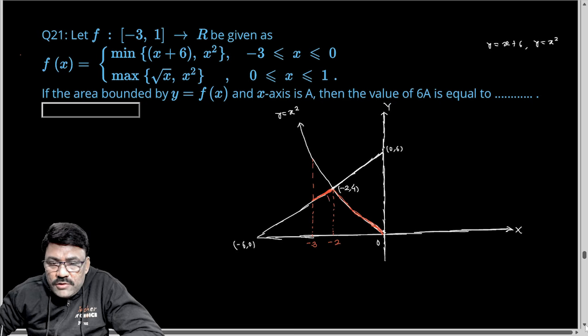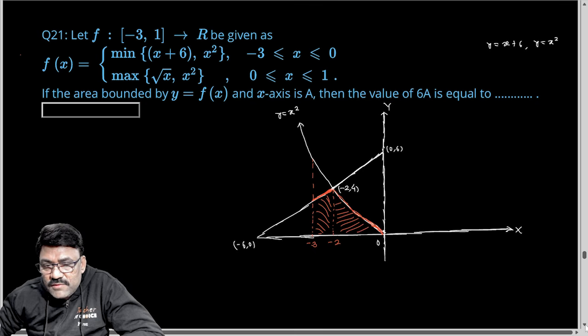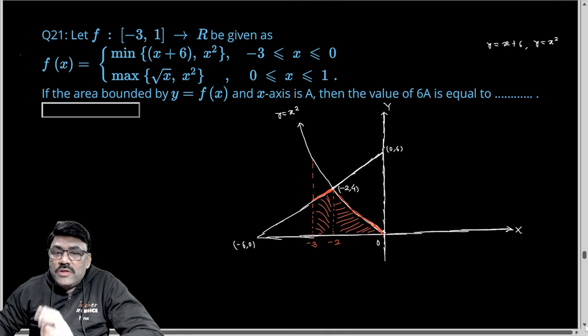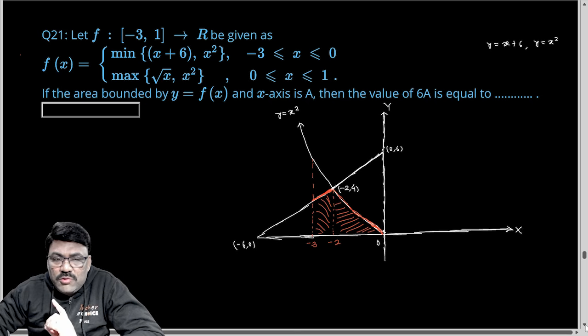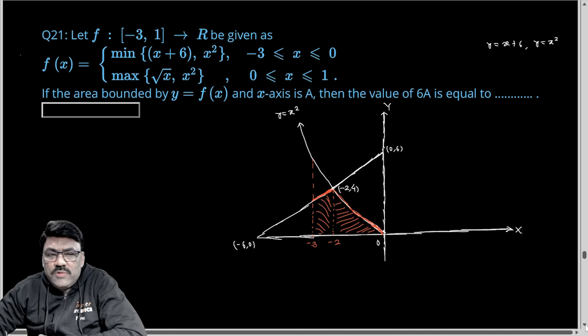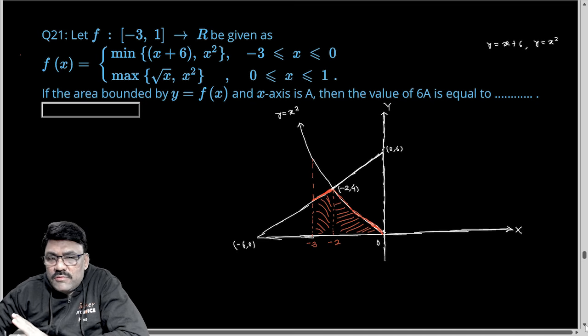So the area will be this trapezium, then this area bounded by the curve y is equal to x square with the x-axis. Now on the right side, from 0 to 1, you have to take the maximum of root x and x square. Obviously in 0 to 1, root x is always greater than or equal to x square.